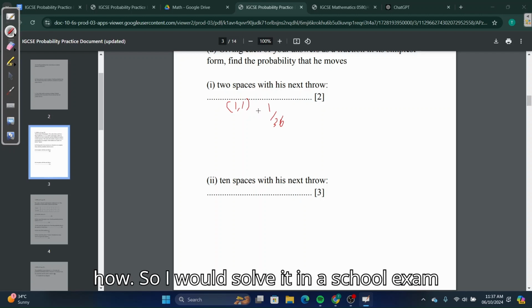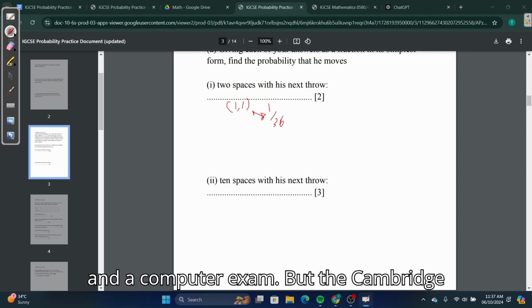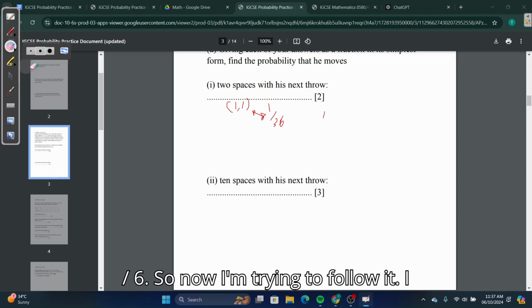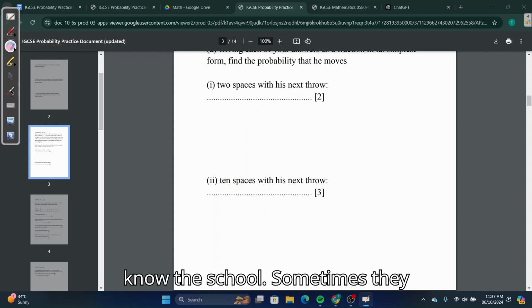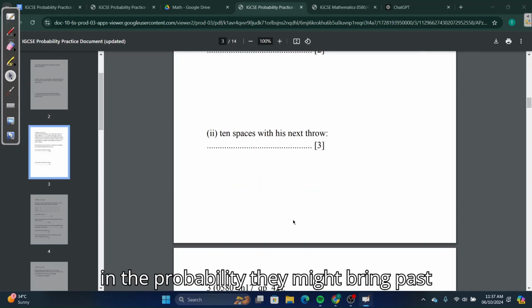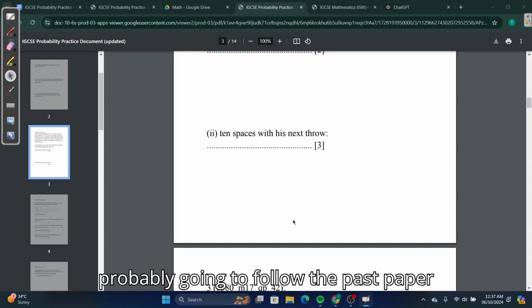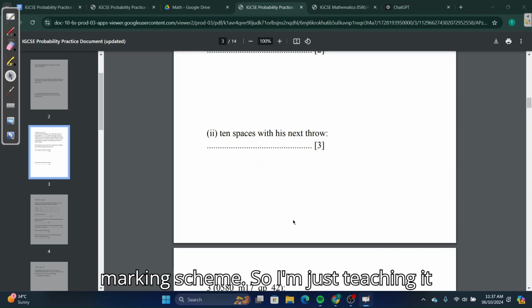So this is how I would solve it in a school exam, in a computer exam, but the Cambridge marking scheme says otherwise. The Cambridge marking scheme says do 1 over 6 times 1 over 6. So I'm trying to follow it because the school sometimes in the probability might bring past paper materials and they're probably going to follow the past paper marking scheme. So I'm just teaching it to you like this.